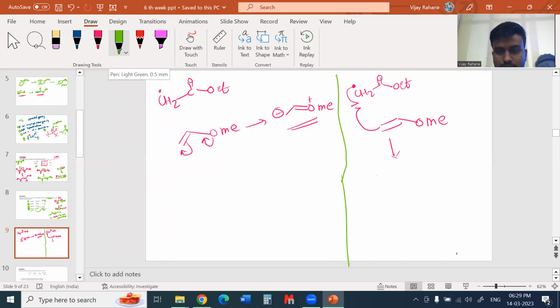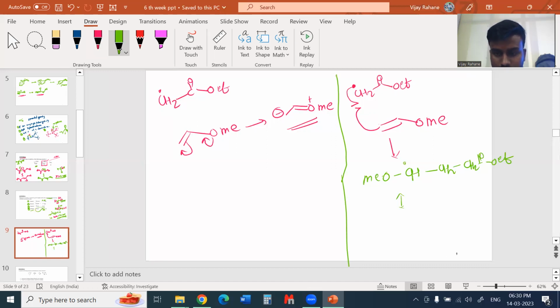So this forms a compound containing Me, right? And this gets resonance stabilization.